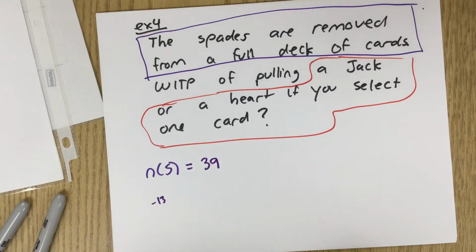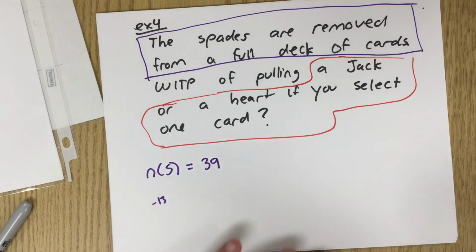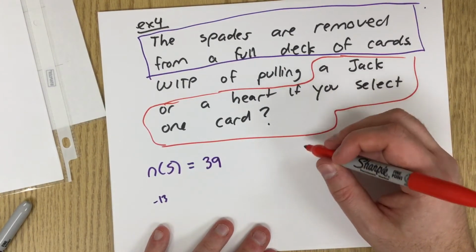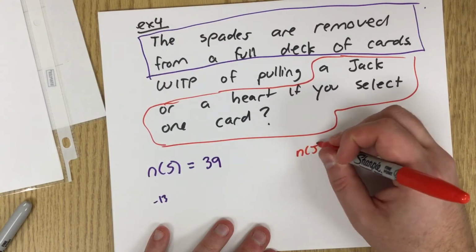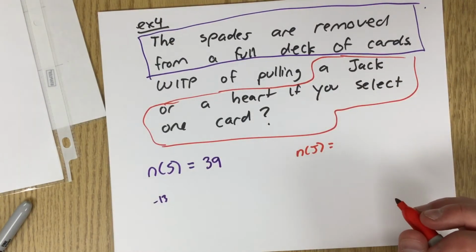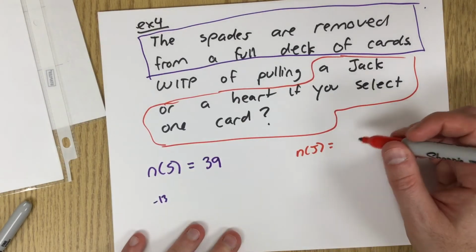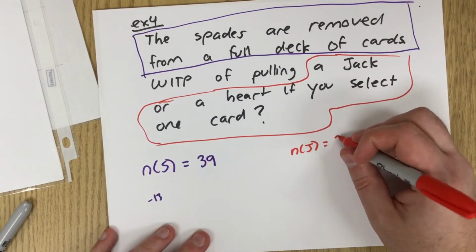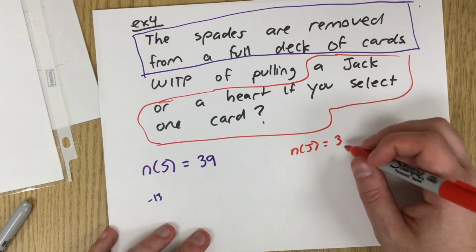Now what we want is we want a jack or a heart. So the number of jacks is going to be 4. But it's not 4 because we removed the spades, so now there's only 3 of them. So it's going to be the 3 jacks.